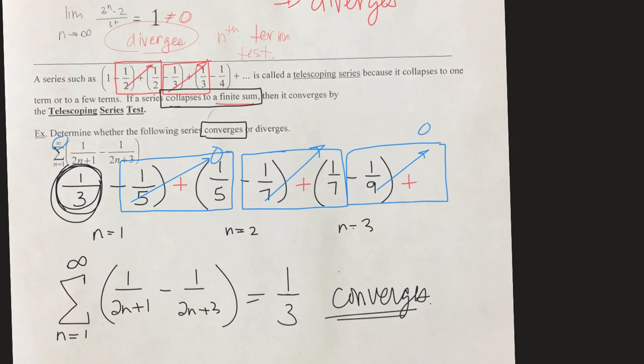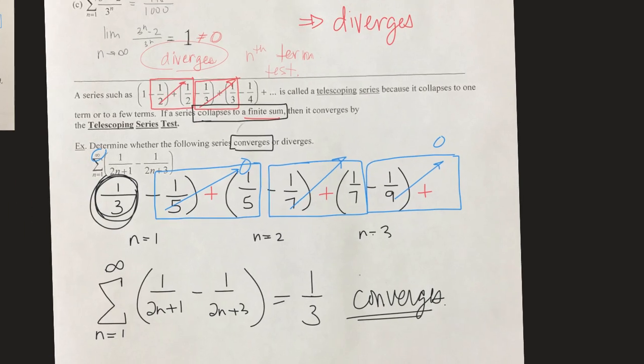Even if we go to infinity, the leftover term is going to be so small, like 1 over 7 billion, which is basically 0, plus 1/3, which is going to be 1/3. Telescoping series have terms that subtract each other out as you get to bigger and bigger values. Just some things to be aware of and some tests that we can apply in order to see if these series converge or diverge.